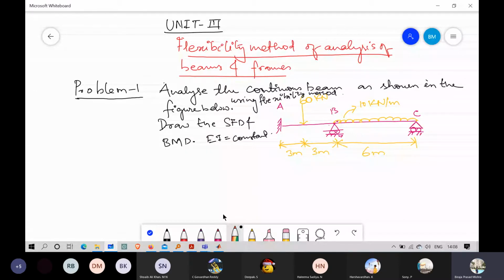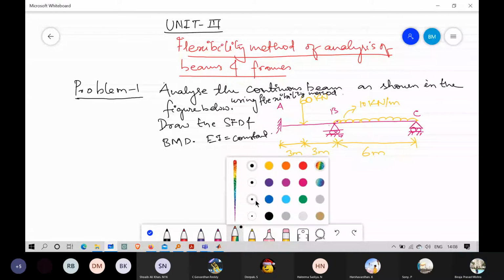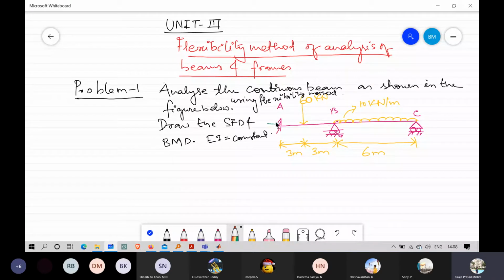So one will be horizontal, one vertical, and one moment reaction here. This is one reaction here, another reaction will be there. So the number of unknown reactions is 5, whereas how many equilibrium equations do we have? 3, sir.